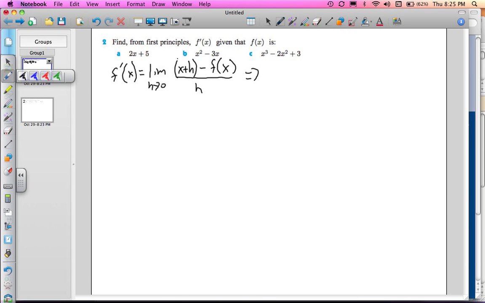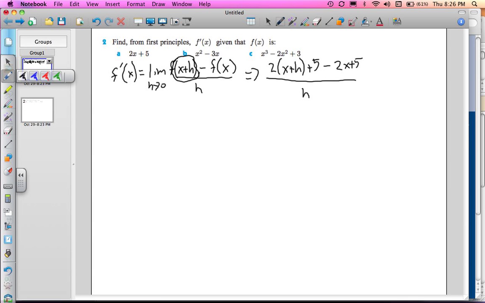So we plug x plus h in for x, so you get 2 times x plus h plus 5. That's f of x plus h, minus f of x, which is just 2x plus 5, and that's all over h.